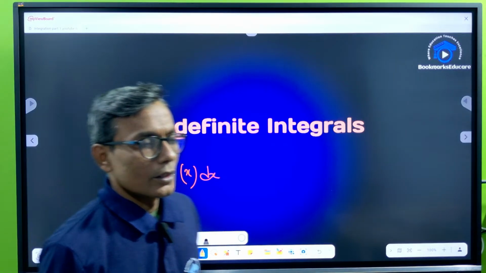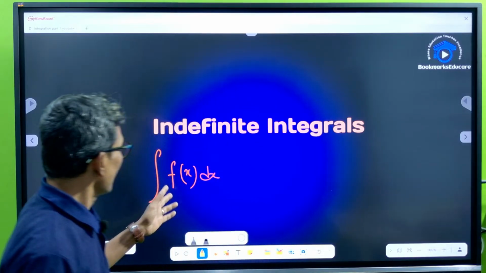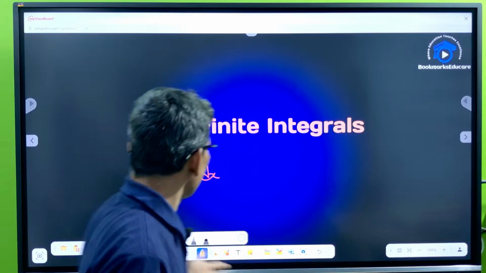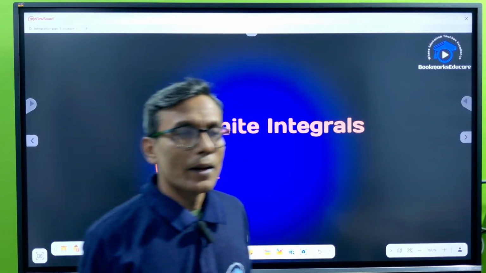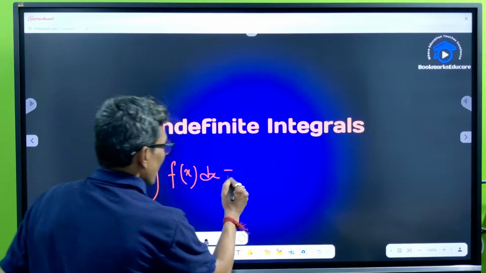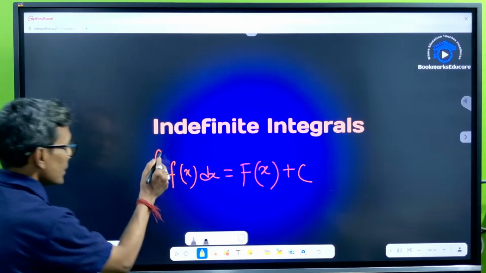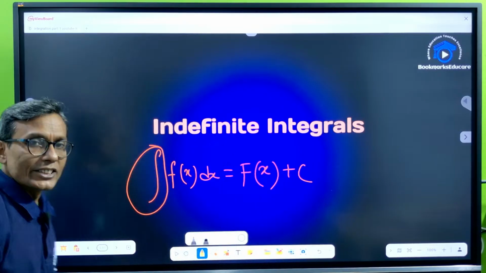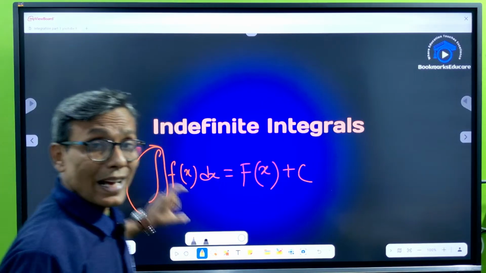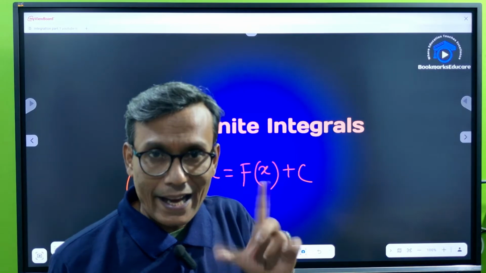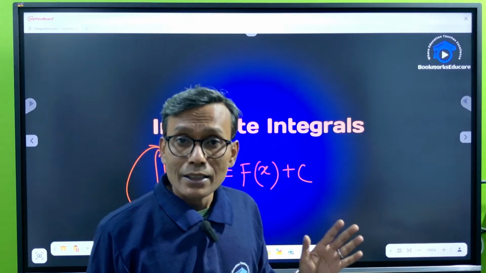So its notation is given by integral of f of x dx. This is the sign of integration. It looks like an extended S. This is the integral sign.